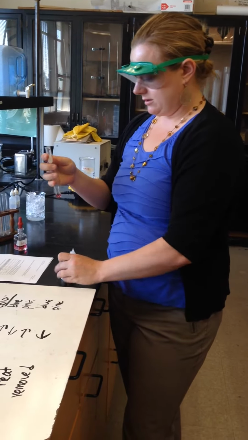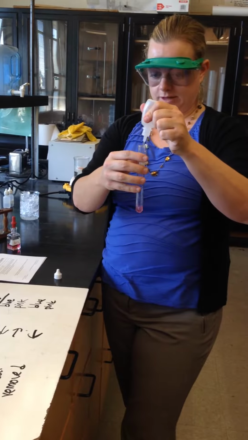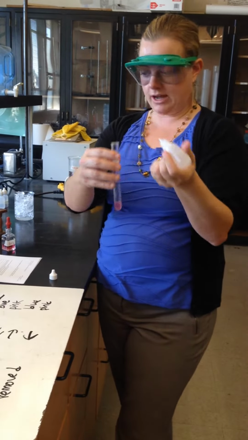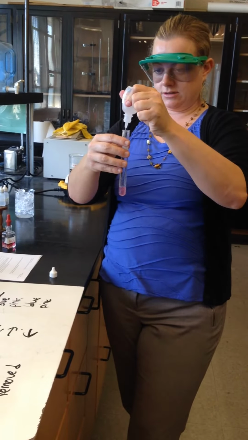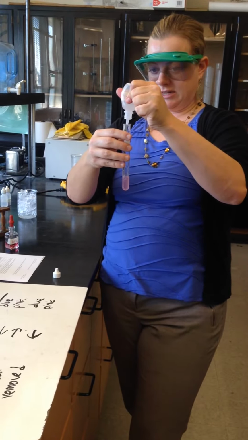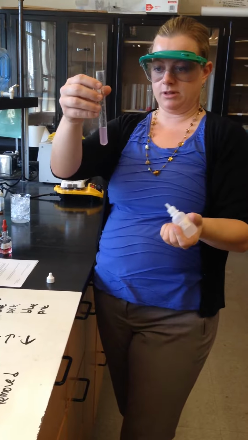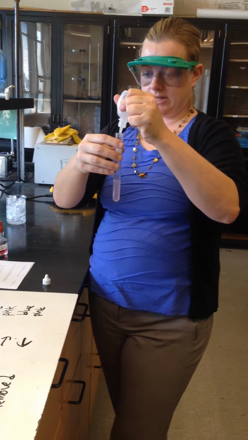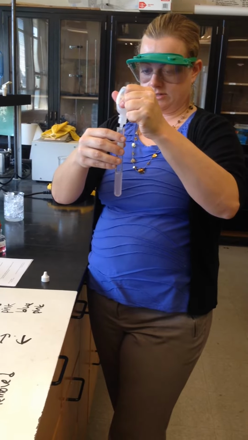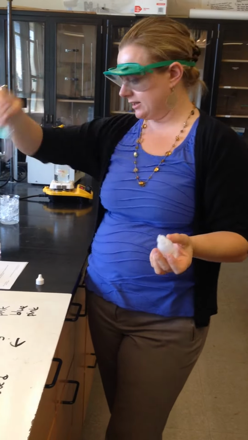So we're going to put some calcium chloride. We're adding chloride ions. It's like adding more reactant. So you can see that it's colored purple, so purple is equilibrium. And we could keep adding to turn it blue. So you can notice it's kind of turning a bluish color.